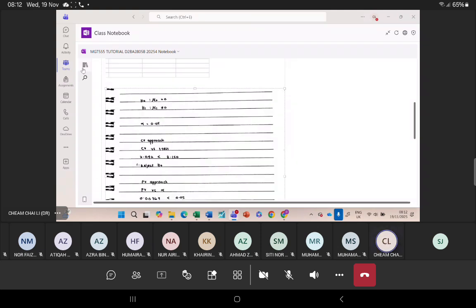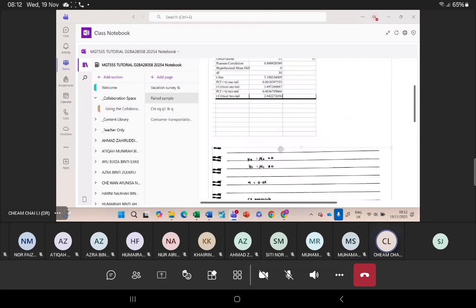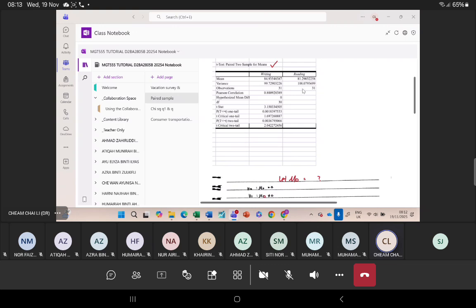Okay, this group, Mariana, you see this hypothesis, this is your mu D, right? You need to define what your mu D is, right? So for the alternative hypothesis, you also need to put mu D, right? So you have to define that mu D equals 1. So the mean difference between writing and reading, right?